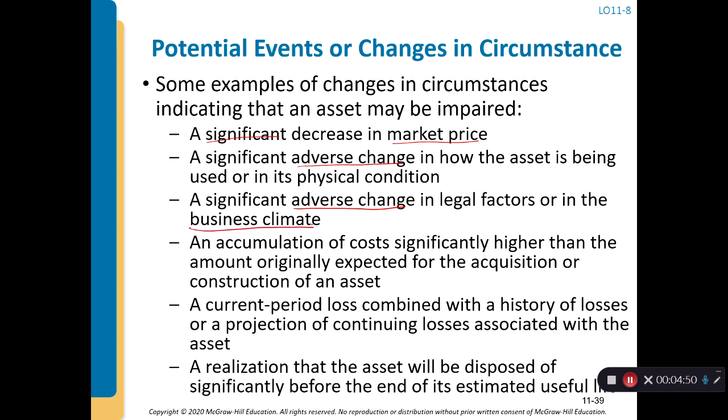For example, an oil and gas company finds that the oil and gas price decreased a lot, hence the natural resource of the gas and oil field cannot generate as much future cash flow because the selling price has decreased. Other indicators are accumulated costs significantly higher than the amount originally expected for the acquisition and construction of an asset, or a current period loss combined with historical losses, or a projection of continuing losses associated with that asset, or a realization that the asset will be disposed of significantly before the end of its estimated useful life, right?